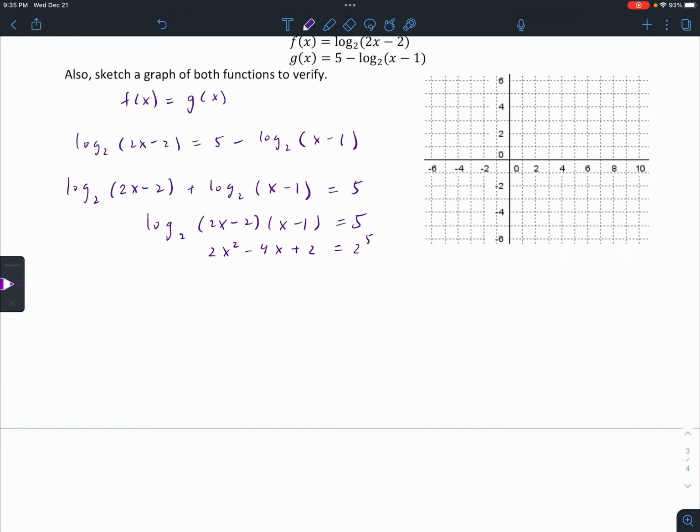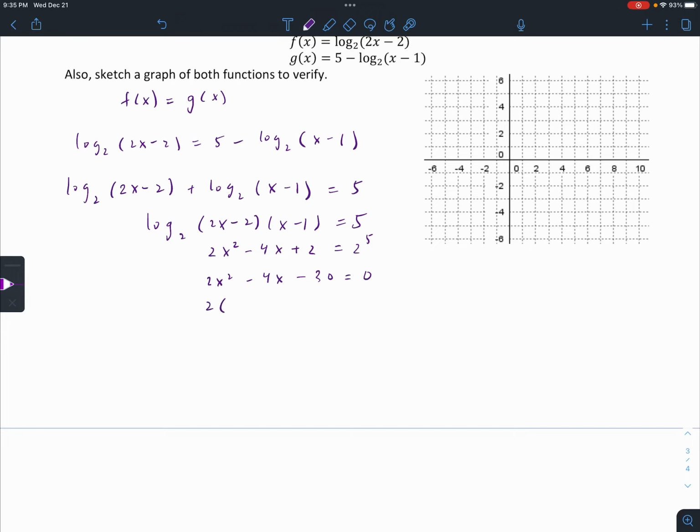So just changing to exponential form and expanding at the same time. So 2x squared minus 4x, it's going to be 2 minus 32. So minus 30 is equal to 0.